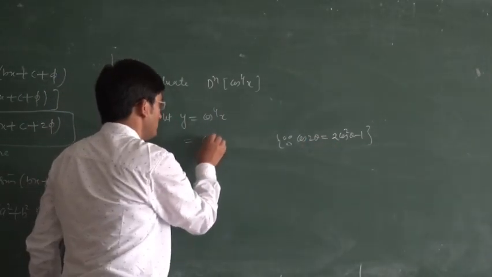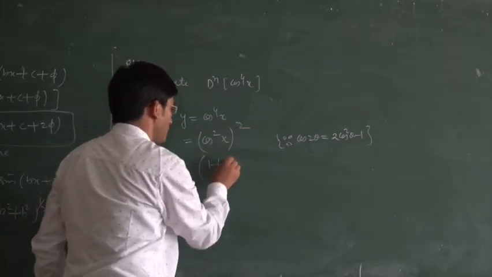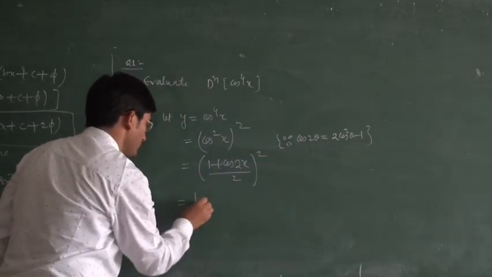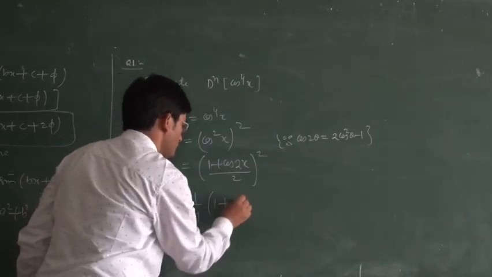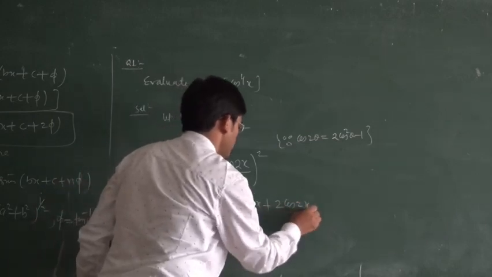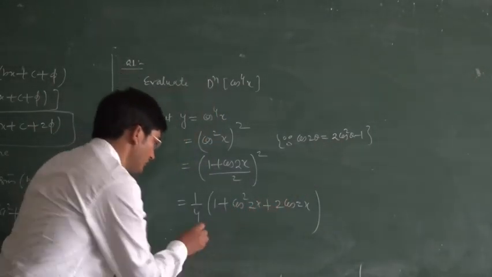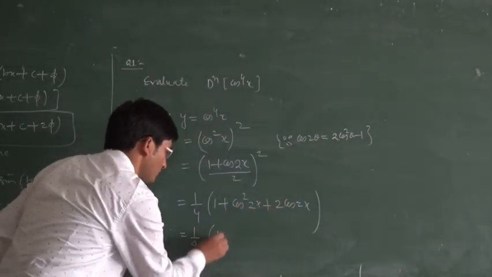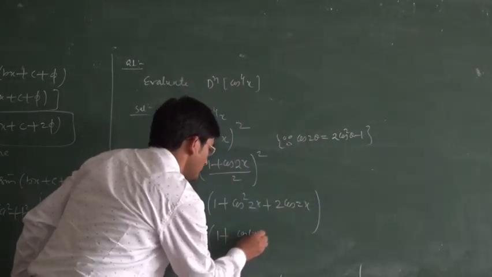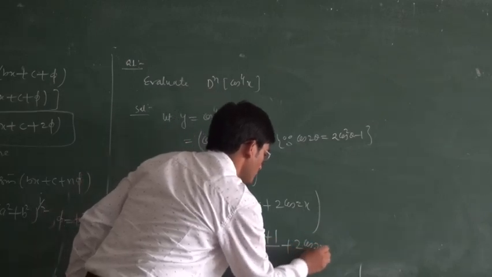So we can write it cos square x whole square, and this will be your 1 plus cos 2x divided by 2 whole square. So this is equal to 1 by 4, 1 plus cos square 2x plus 2 times cos 2x. Now again, using this formula we can simplify this term. So we have 1 plus cos square 2x will be cos 4x plus 1 divided by 2, then 2 cos 2x.